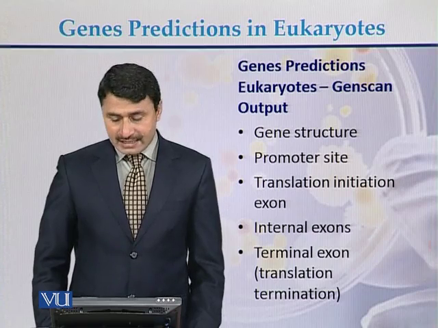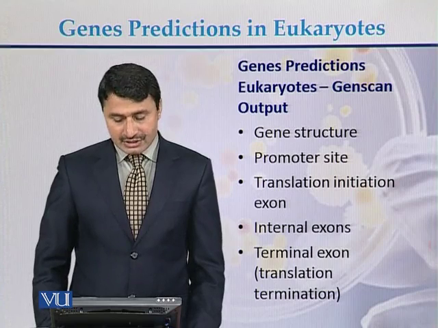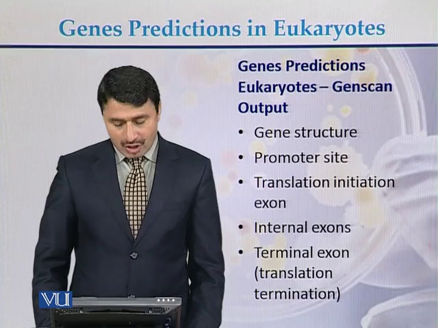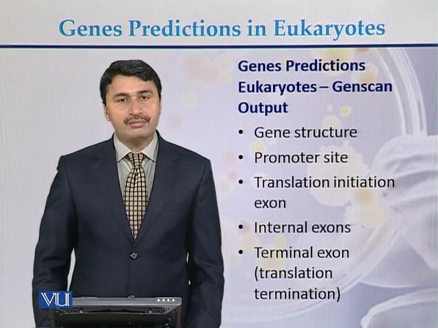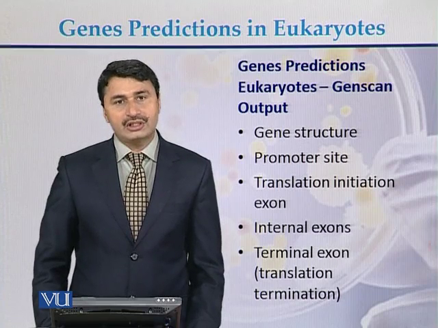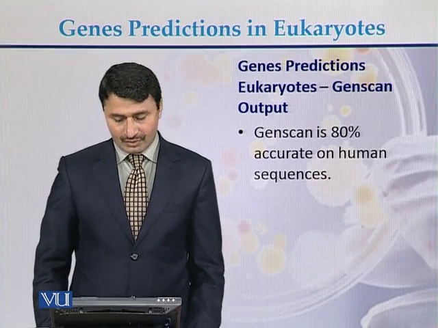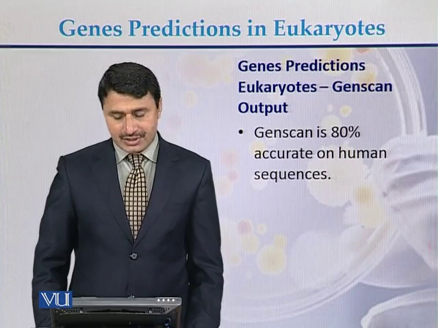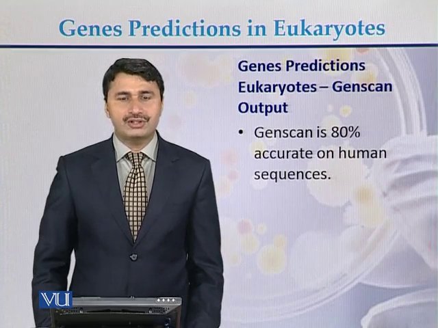It identifies the gene structure. It identifies the promoter site, translation initiation exon, internal exons, and terminal exon, meaning translation termination exons. GENSCAN is approximately 80% accurate on human sequences.